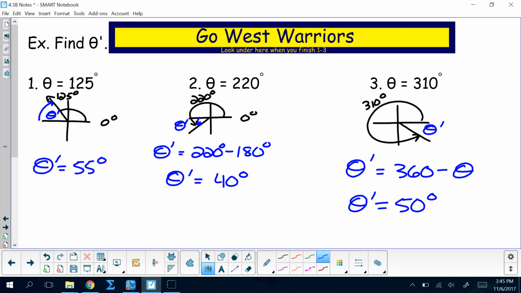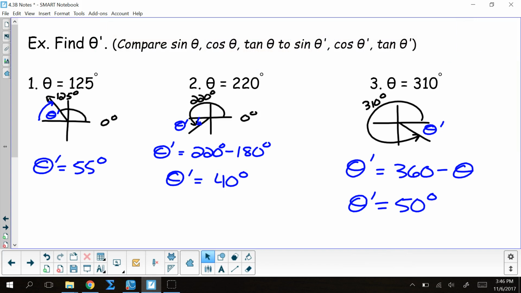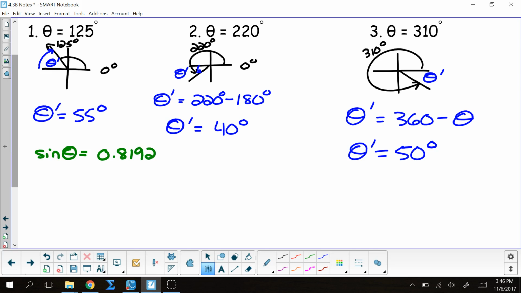Now, what we're asking you to do is look under here once we finish those. It says, compare the sine, the cosine, and the tangent of theta to my reference angle. So here in number 1, my sine of theta, if I type it in on a calculator, the sine of 125 degrees is 0.8192.